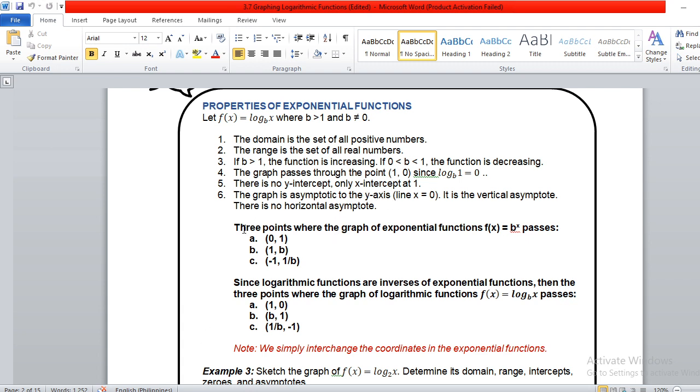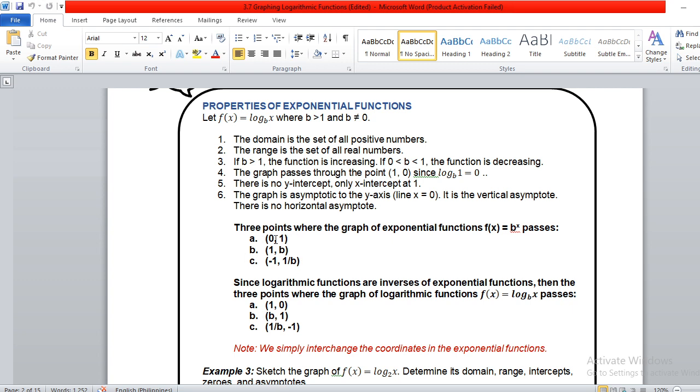Okay, let's also try to remember the 3 points where the graph of the exponential function f of x is equal to b to the x passes: (0, 1), then (1, b), and then (-1, 1 over b).